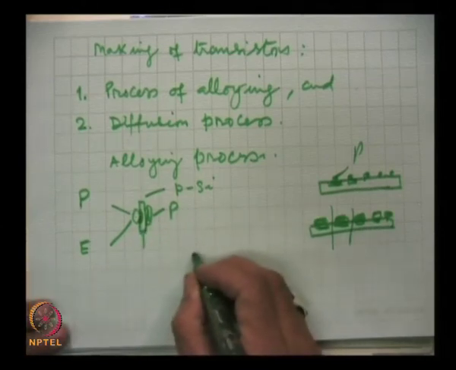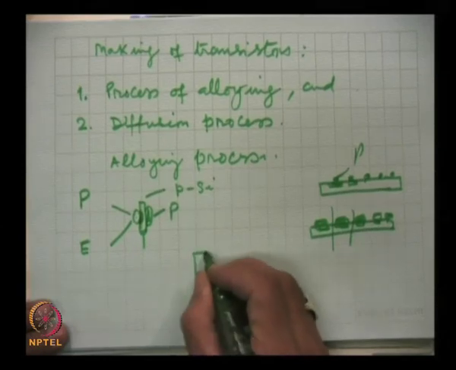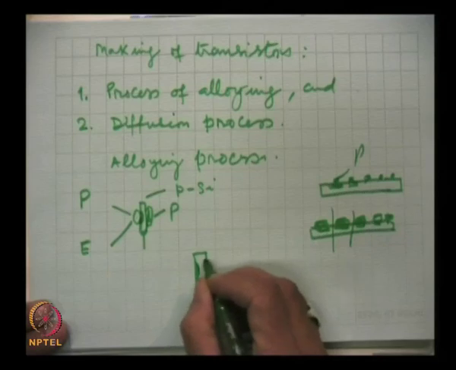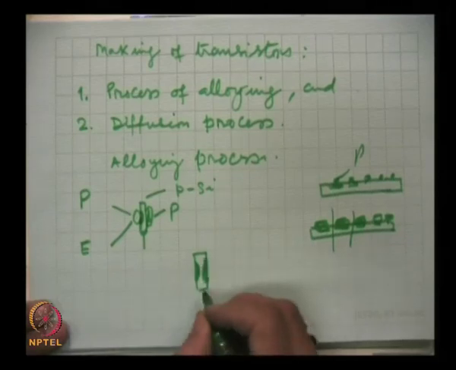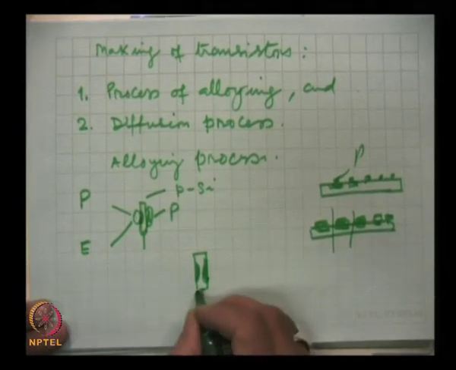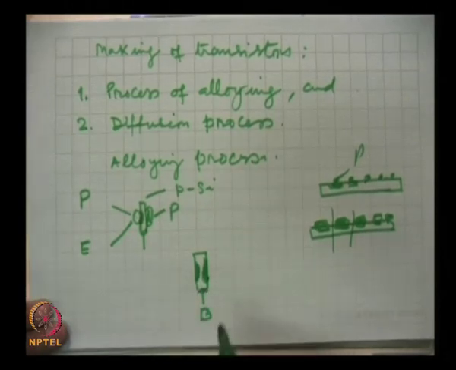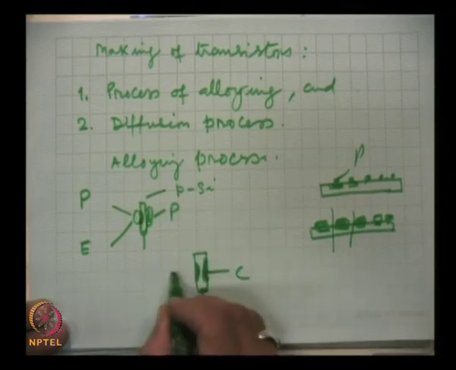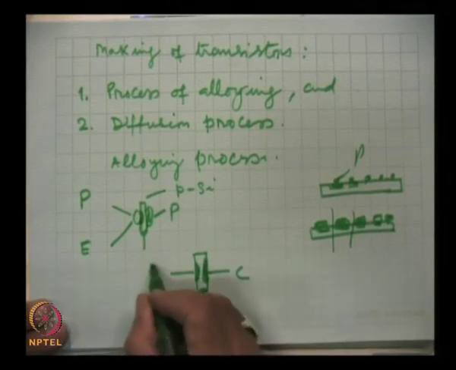So, finally what we have is this: this is the emitter, this is the collector, and the original one, we will put a contact here, this will act as the base, this will be the collector, and this will be the emitter.